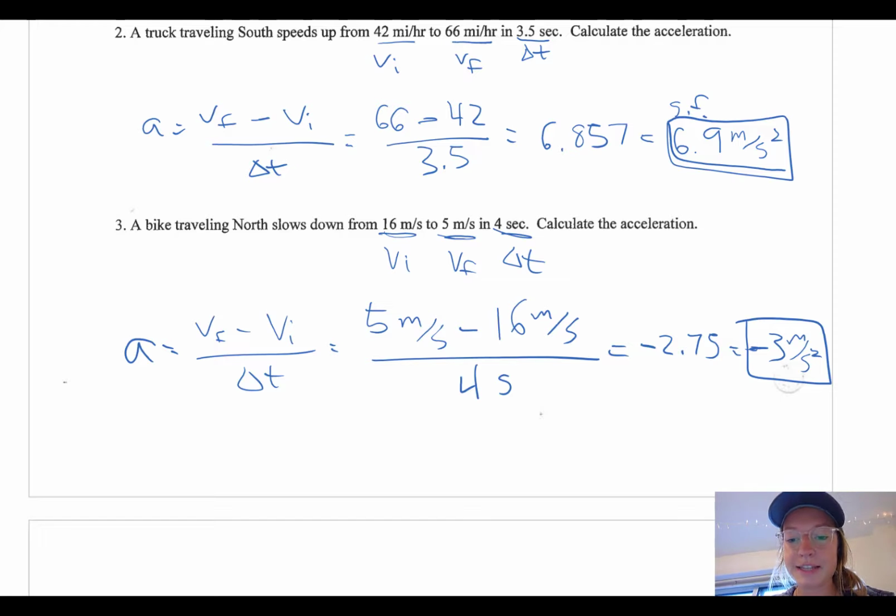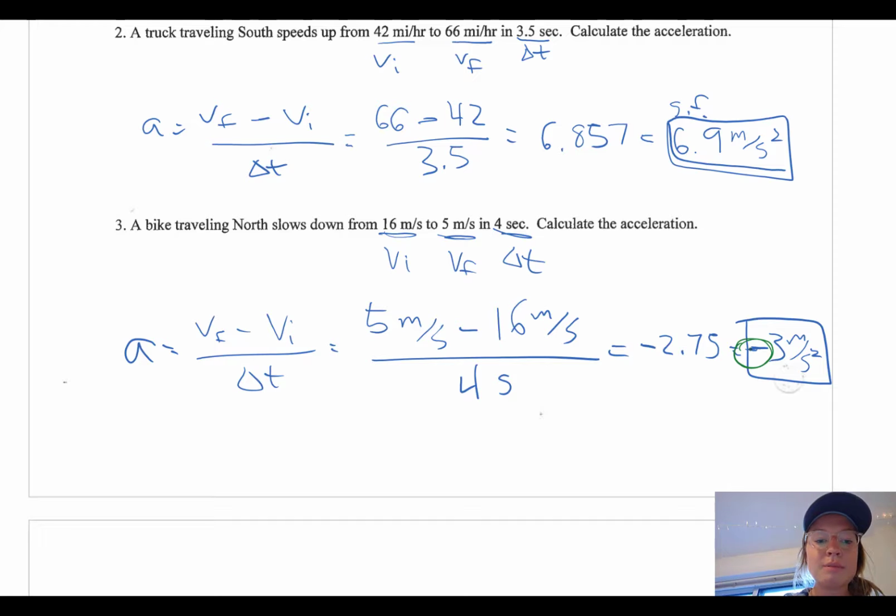Okay, so welcome back, kids. So here our acceleration with the correct sig figs, don't forget your sig figs, is going to be -3 meters per second squared. So one thing to notice is this negative right here. Why is it negative?